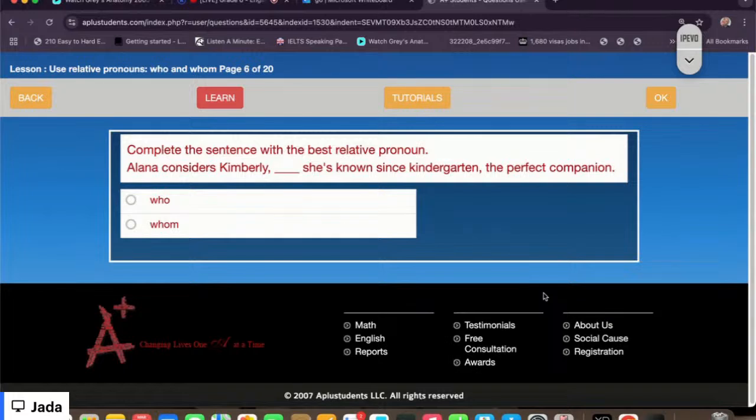Okay, Alana considers Kimberly, that she's known since kindergarten, the perfect companion. So what do you think is the right one now?